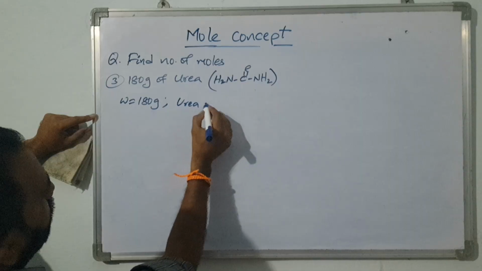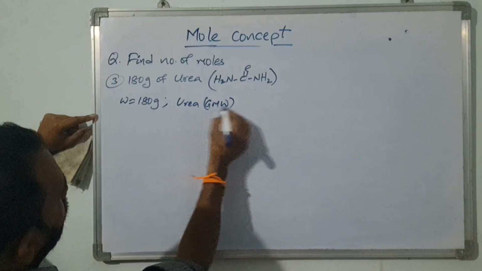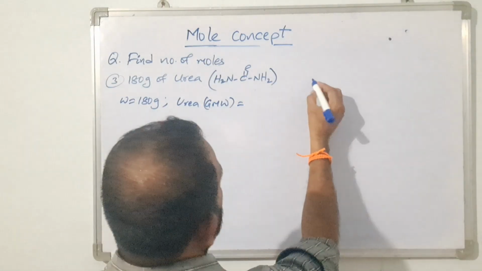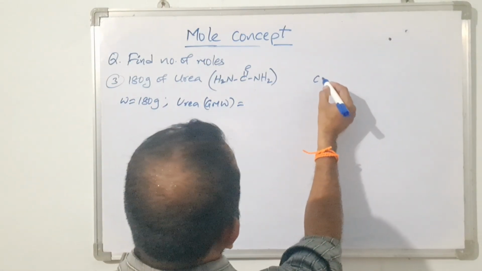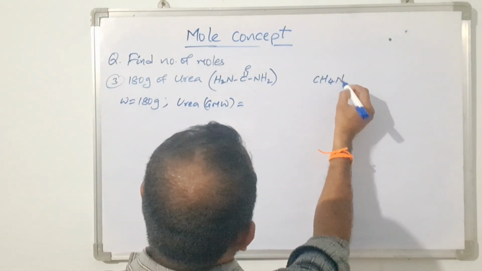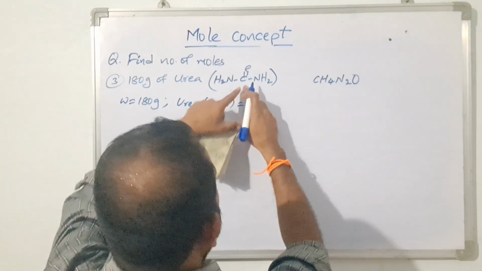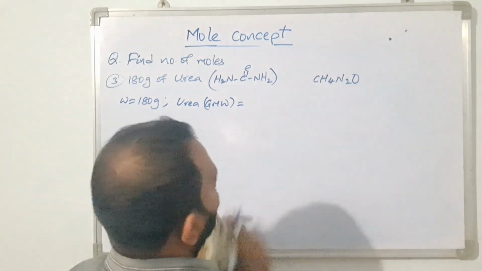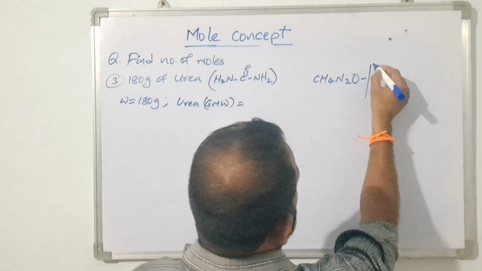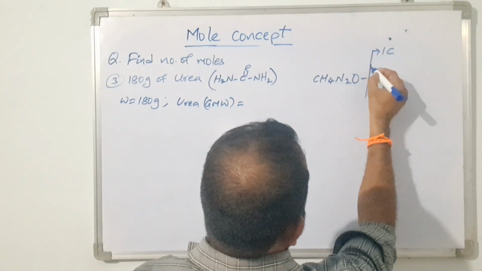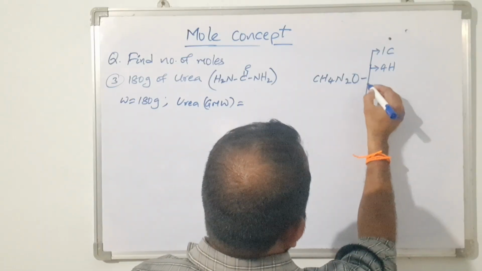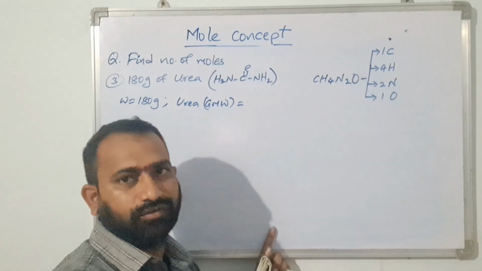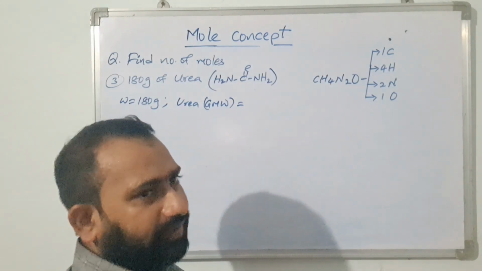So urea, its gram molecular weight. Urea formula is NH2CONH2. Its molecular formula is CH4N2O. It contains 1 carbon atom, 4 hydrogens, 2 nitrogens and 1 oxygen. So what is molecular weight?